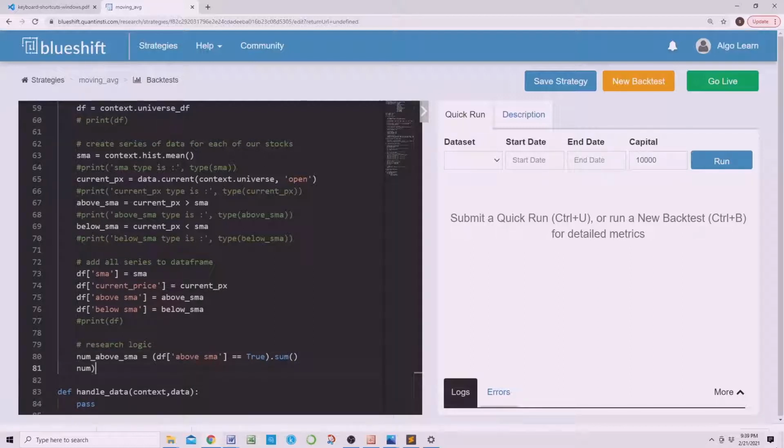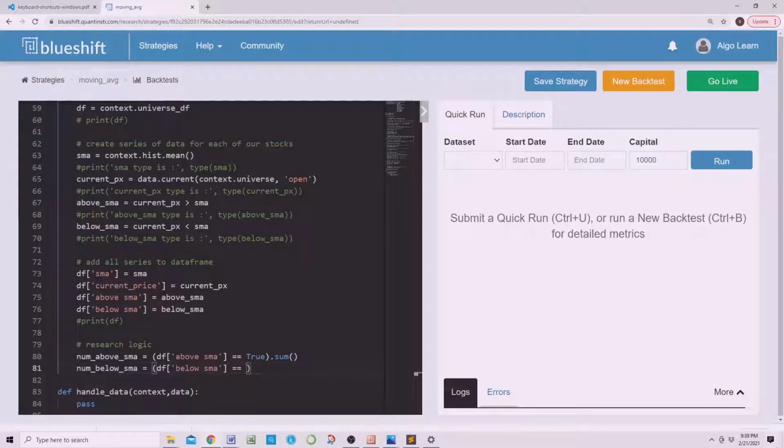We're going to do the same thing for the below. Now there are some easier ways to do this, but I'm going to do it this way just because it's logical and beginners can follow me. Below SMA. So we're going to go to the below SMA column by calling it up with the brackets.